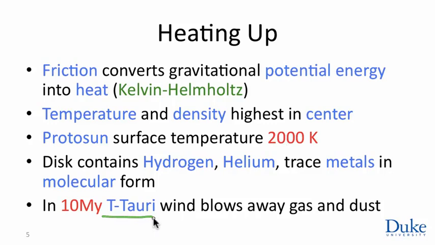The sun was once a T-Tauri star, and the stellar wind, the pressure of this stream of charged particles is so large that any remaining gas and dust is completely blown away from the system. And so if that gas and dust is to form planets and whatever else it wants to form, the timing is 10 million years. What hasn't formed in 10 million years is going to be blown away. Gas and dust cannot survive the solar wind, although more heavier, more robust objects are able to survive.